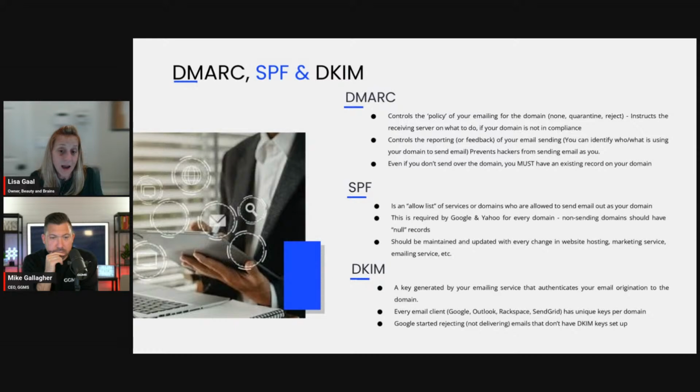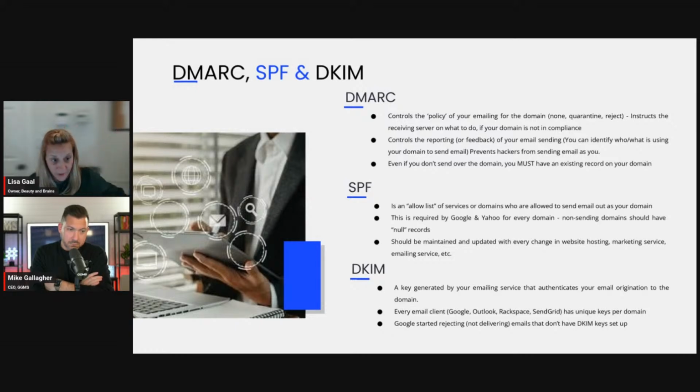Every email client provides them. Email deliverability software or SMTPs like Mandrill or SendGrid or Mailgun, they all provide them, and sometimes multiple keys. What they use that key for is when your email goes out, that key goes in the background, and the receiving server can check that key against what's on your server. If it matches, the email is received.